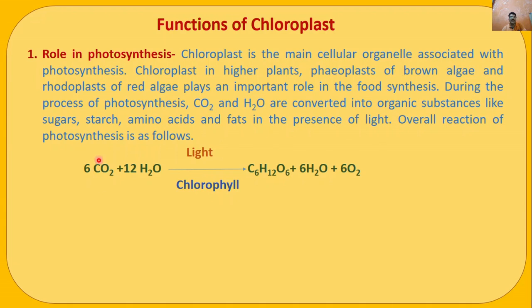Here you can see CO2, carbon dioxide, and water come in contact with each other with the help of light and chlorophylls. They synthesize food in the form of carbohydrates, 6CO2 plus 6H2O gives C6H12O6. This is the type of carbohydrate synthesized in the plant. So this is a very important function of the chloroplast.